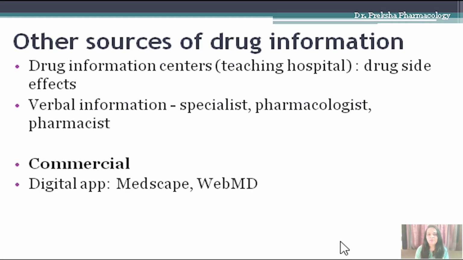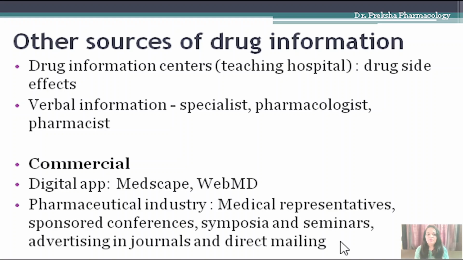Now coming to the commercial sources of information, which include digital apps like Medscape and WebMD by the pharmaceutical companies. The pharmaceutical industry also sends medical representatives, organizes conferences, symposia and seminars, and advertises in journals and by direct mail. These are all commercial sources of drug information.